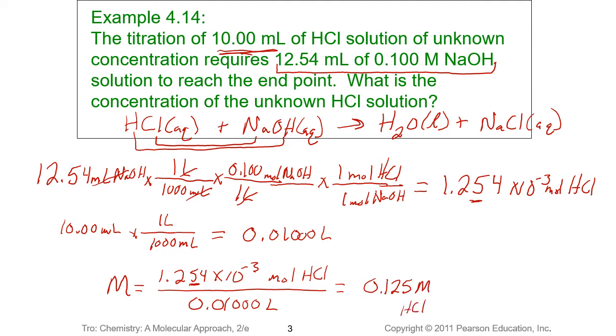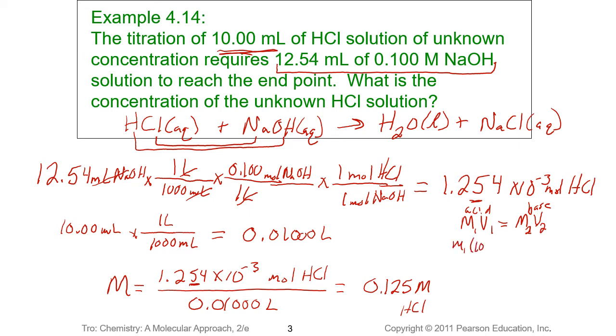Now there is a shortcut that you can take if the reaction is 1-to-1. If the reaction is 1-to-1, you can use M1V1 equals M2V2. Acid goes on one side, base goes on the other. The reason we can use this is because the moles are equal. So only 1-to-1 reactions.